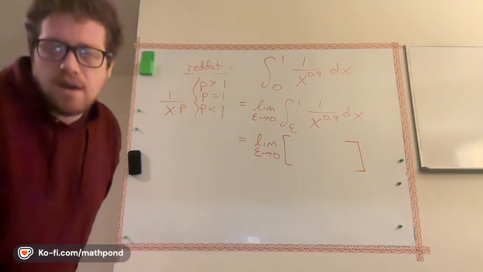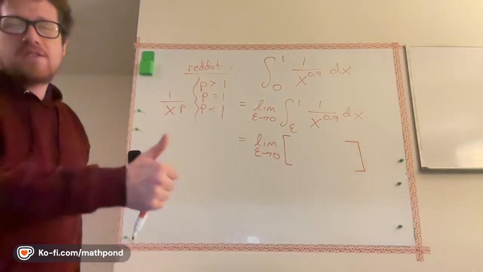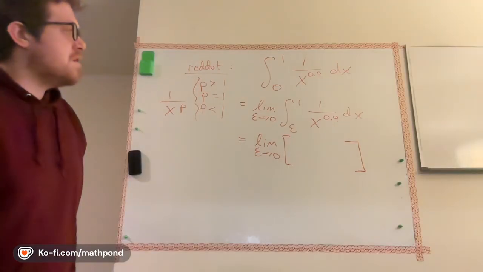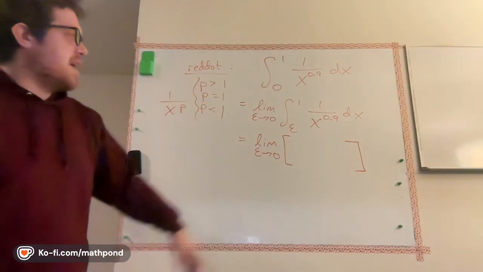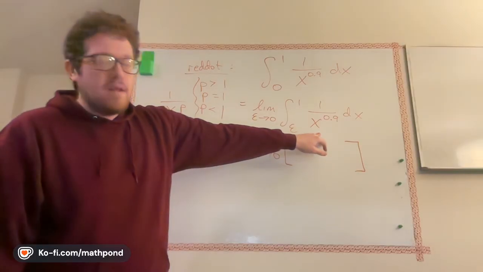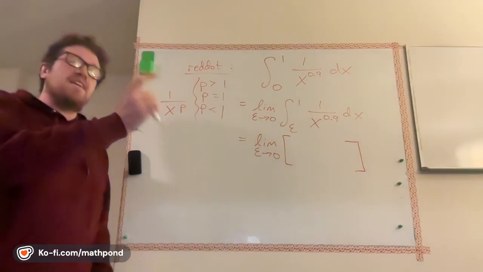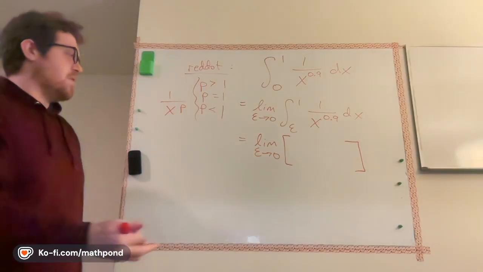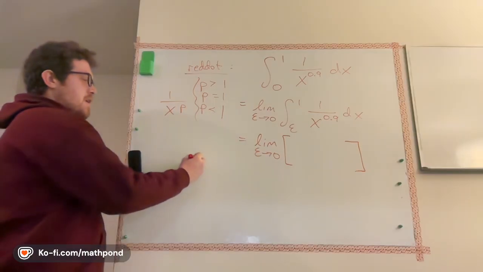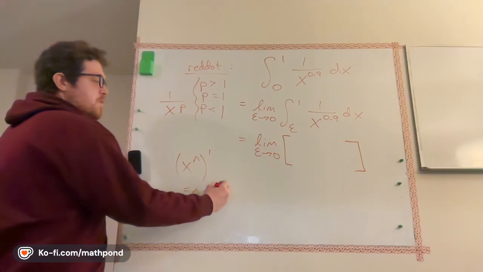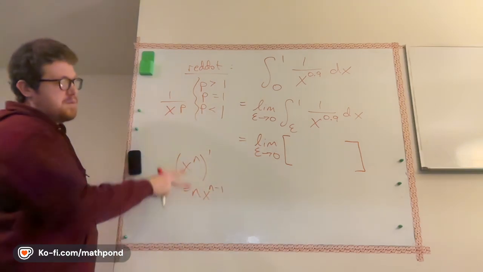Not negative 0.9. No, we need to raise the power by 1. So it's x to the negative 0.9 initially, and we need to raise the power by 1, right? It's sort of like the inverse power rule, so you need to be careful. The original power rule says that when we take the derivative, we get n x to the n minus 1. But when you go backwards, you have to undo that.